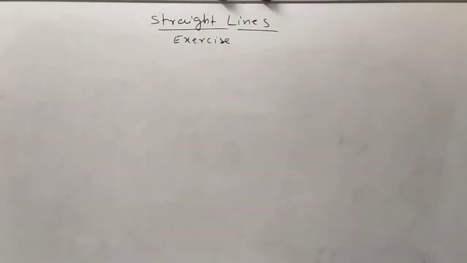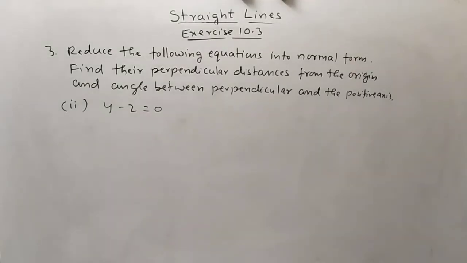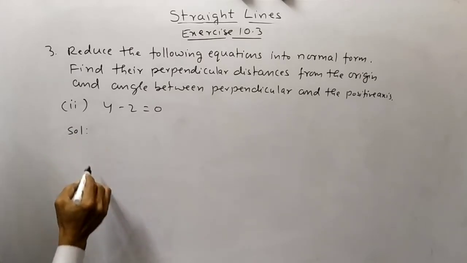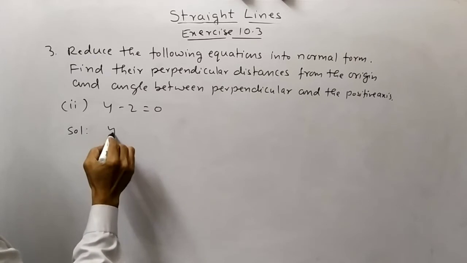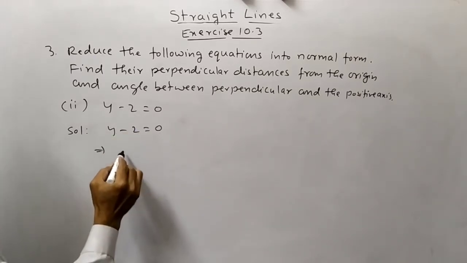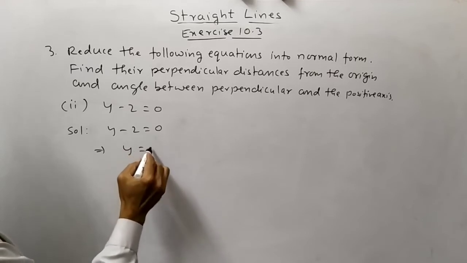Next question. Second one. y minus 2 is equal to 0. Solution. y minus 2 is equal to 0 implies y is equal to 2.